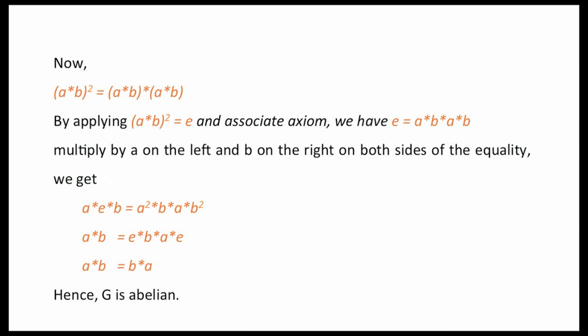Multiply by a on the left and b on the right on both sides of the equality, we get a·e·b = a²·b·a·b². Again, a·b = e·b·a·e. Again, a·b = b·a. Hence G is Abelian. Like the previous result, now we are going to prove the next two.